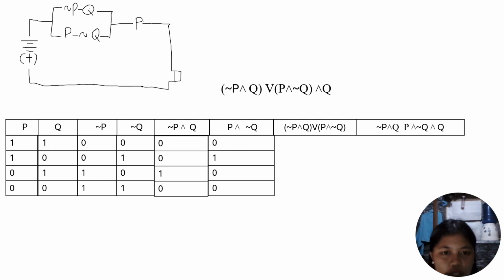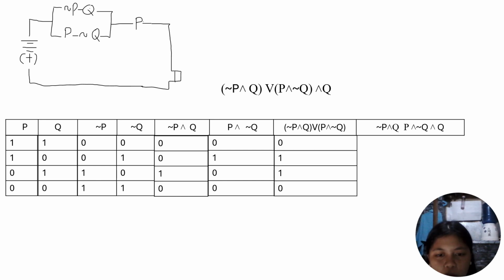So let's compare the negation of P and Q to the P and negation of Q using the symbol of disjunction, which is OR. 0, 0 is 0, 0, 1 is 1, 1, 0 is 1, and 0, 0 is 0. So the answer is 0, 1, 1, 0.